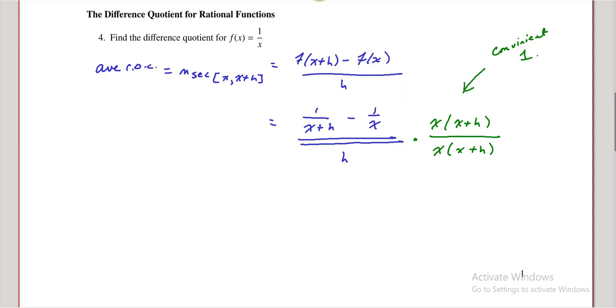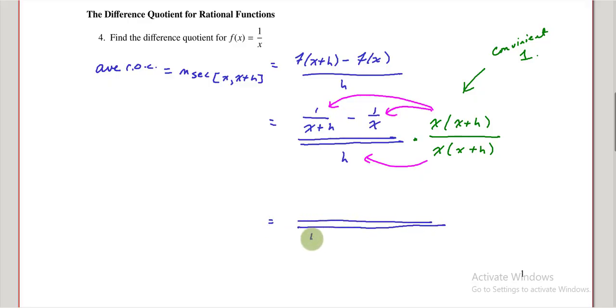So then what I can do is distribute that LCD in the numerator, and of course distribute in the denominator, although that's not very hard. In the denominator of this fraction, we would have h times x plus h.